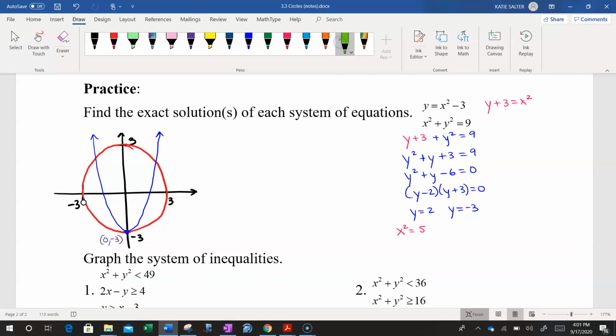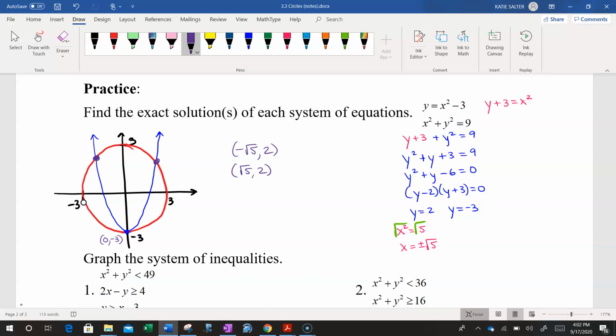And then when we take the square root of each side, don't forget your plus or minus, we get that x is equal to plus or minus the square root of 5. So that gives us the point negative square root of 5, 2, and positive square root of 5, 2. And those are these points right here and right here. They don't always come out to be pretty.